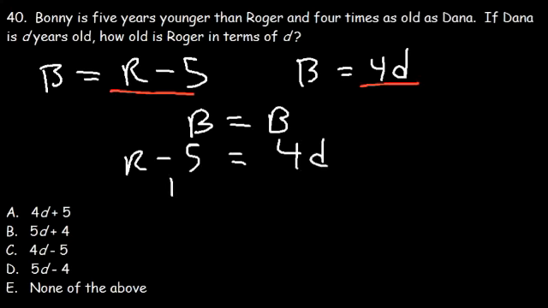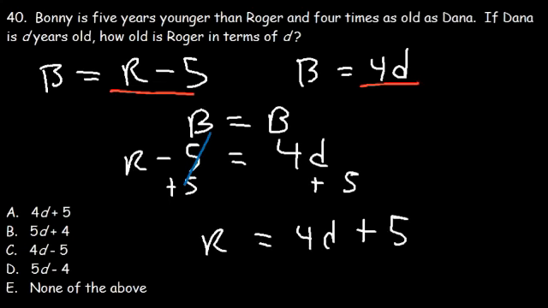So if we add 5 to both sides, R is equal to 4D plus 5. So Roger is 4 times as old as Dana plus 5. So let's say if Dana is 10 years old, that means Bonnie is 4 times her age, so Bonnie is 40.